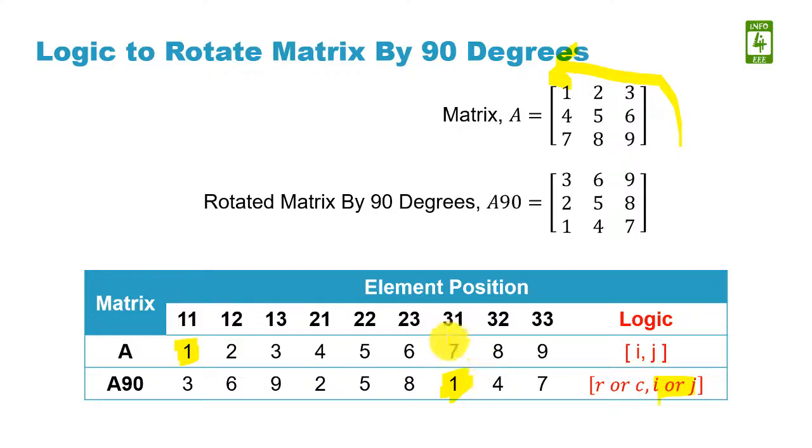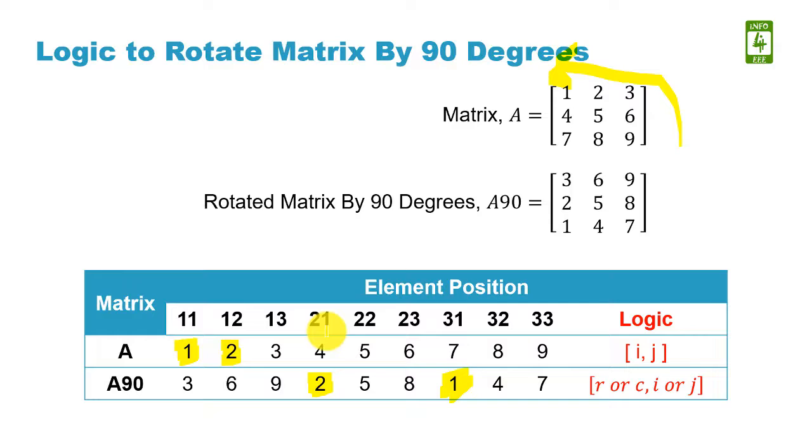If we talk about the i position for A90 matrix, it is 3, and this is the highest order of the matrix A, that is 3 rows and 3 columns. So it may be rows or it may be columns. Now considering the second element of matrix A, that is at 1 2 position, and the element is 2. For matrix A90, this element should be placed at the position 2 1.